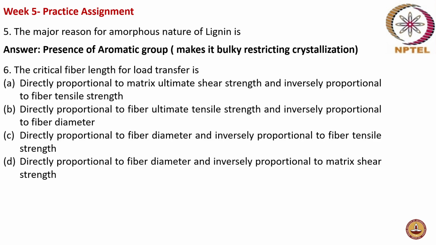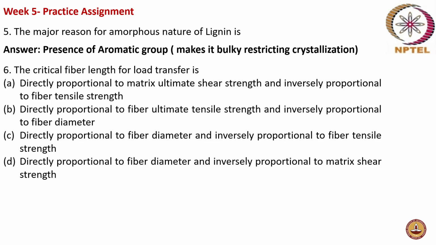Directly proportional to fiber ultimate tensile strength. I think it should be C, directly proportional to fiber diameter and inversely proportional to tensile strength. Should it be inversely proportional to fiber tensile strength and directly to fiber diameter? Yes. Are you all sure? Someone said some other answer. Directly proportional to fiber ultimate tensile strength and inversely proportional to fiber diameter.